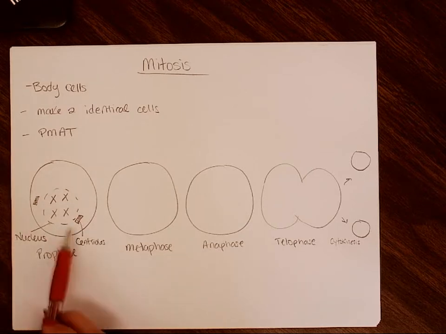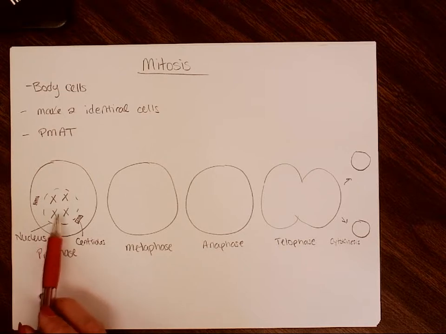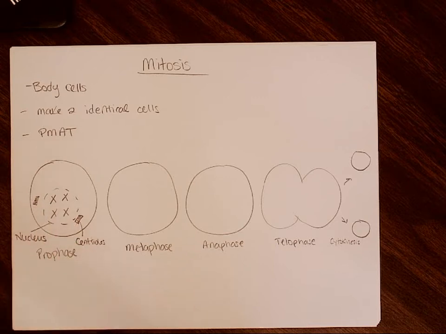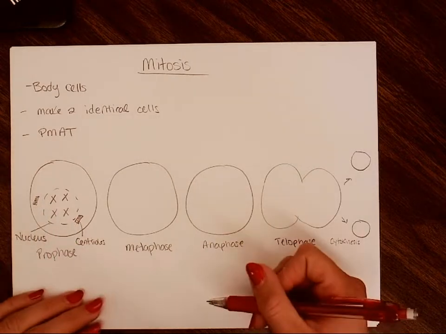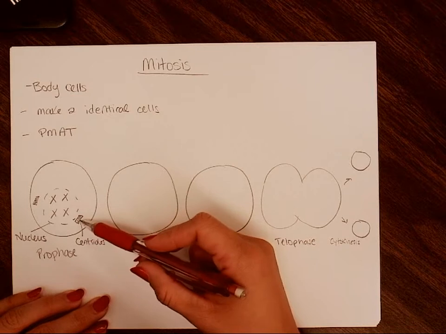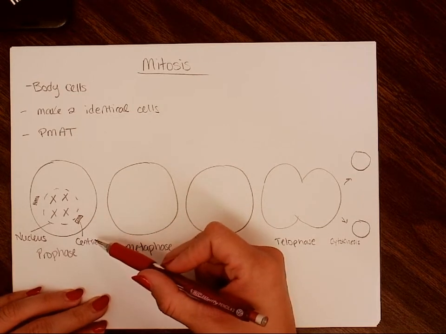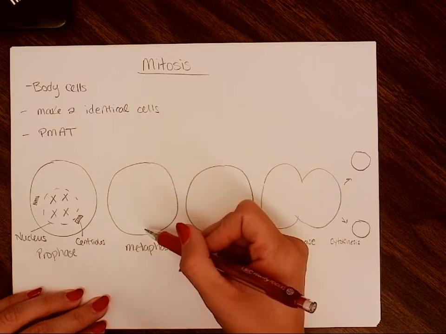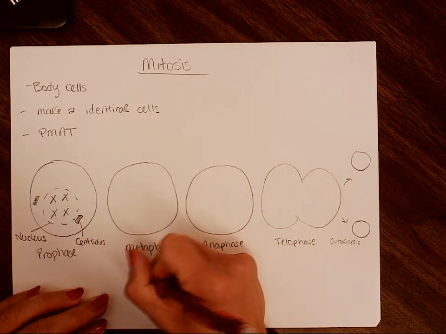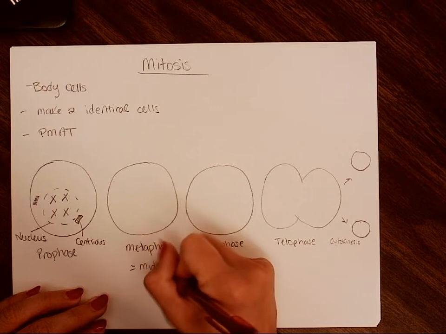So in prophase, the nucleus breaks down, chromosomes become visible, and the centrioles are located next to the nucleus. Now in metaphase, these centrioles are going to make spindle fibers that pull the chromosomes to the middle of the cell. So metaphase is middle.